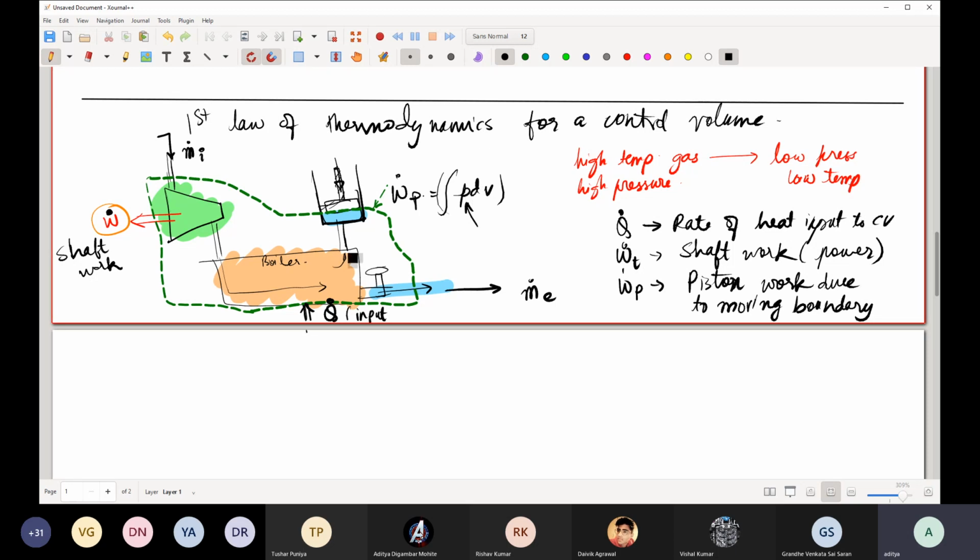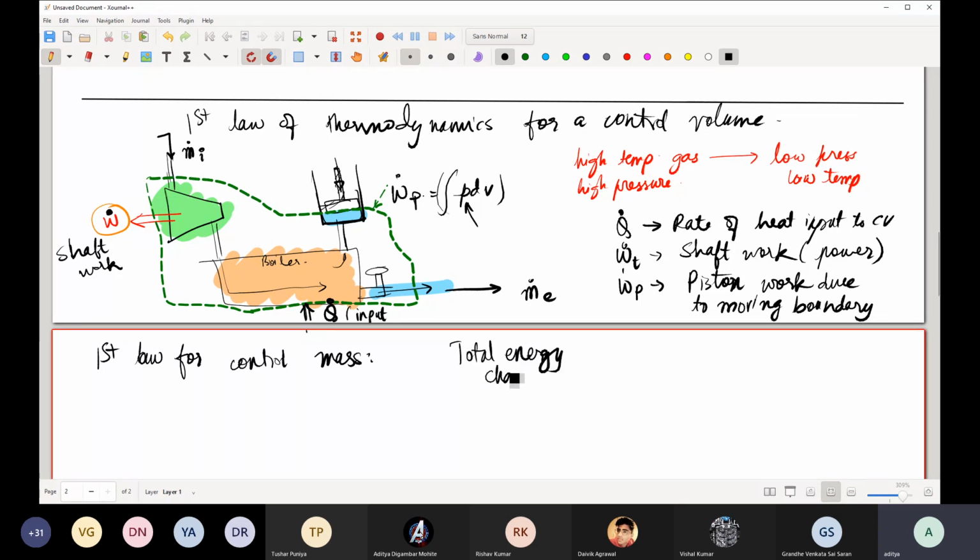Alright, so now, what was the first law for a control mass? In statement form, it was total change in energy equal to heat input to the system minus work done by the system.